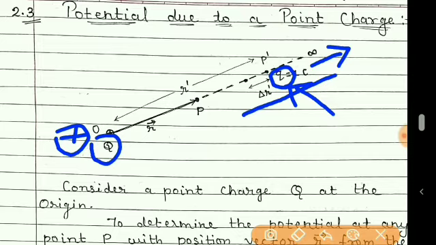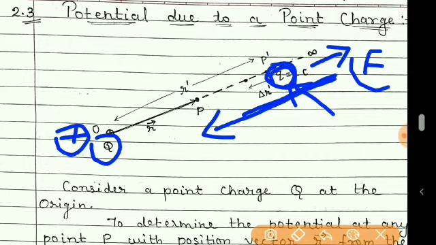So there will be a repulsive force acting on this charge small q. So we are displacing that small charge from infinity towards point P against this repulsive force. So definitely work is required to be done on this charge small q.